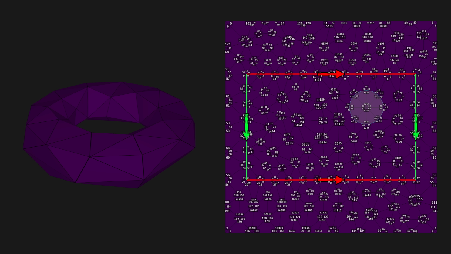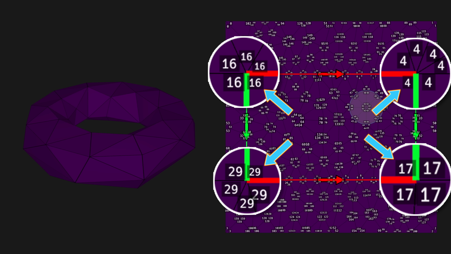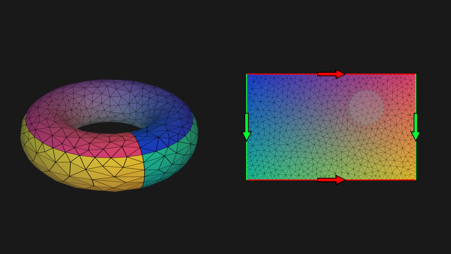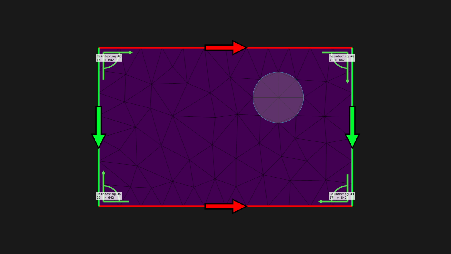However, there is one very important detail here, specifically the corners where the portals touch. Right now we have different unknowns at each corner. If we visualize the space with this gradient, we can see that all these corners meet at a single point on the torus. So the corners require special attention. So I built a dedicated corner reindexing feature that takes a directional segment like this and remaps all the corners to a new point.